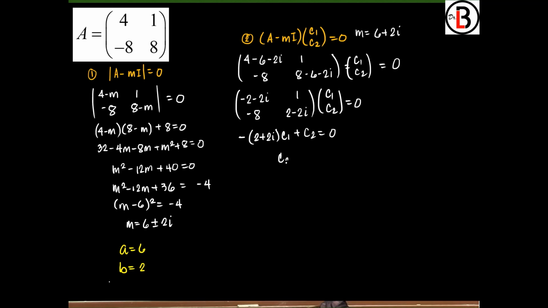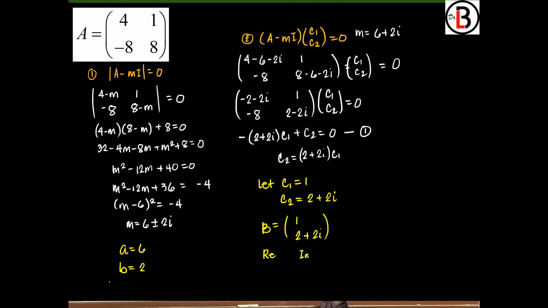So if we let C1 be equal to 1, what is your C2, guys? 2 plus 2i. So with this, I can actually have my matrix, which is 1 and then 2 plus 2i. So if you ask, what is the real component and what's the imaginary component? This one would be 1, 2.